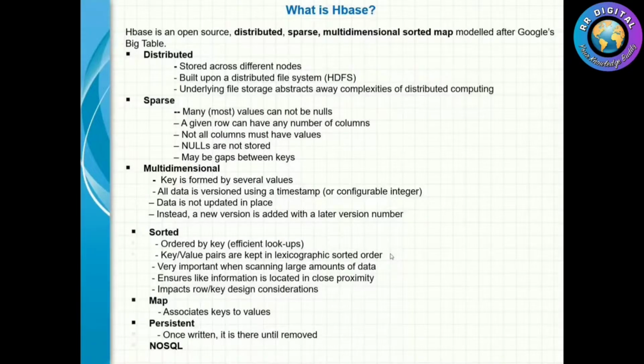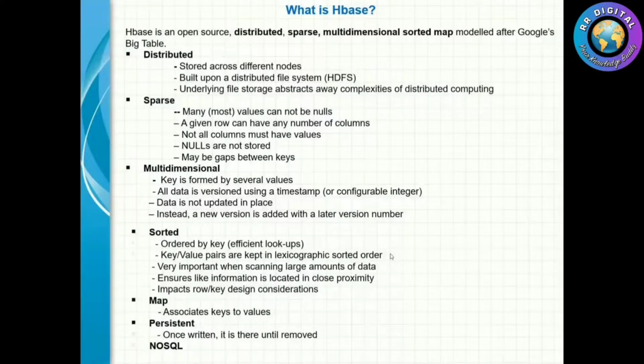So that's why by default HBase stores data in key value format. And sorted. Sorted means by default, whenever you insert your data, it will apply sorting order. While inserting itself, it will apply sorting.